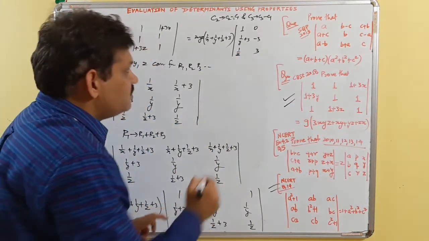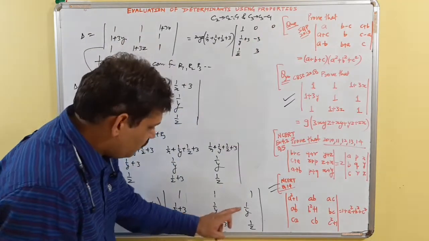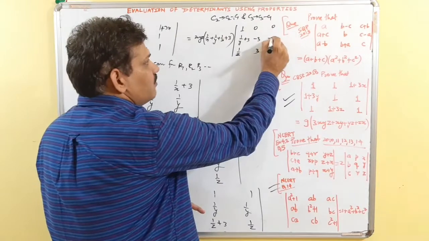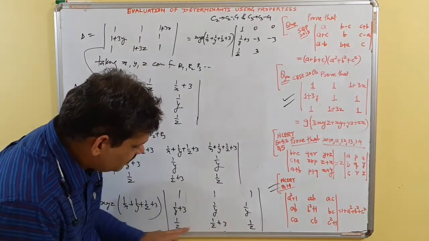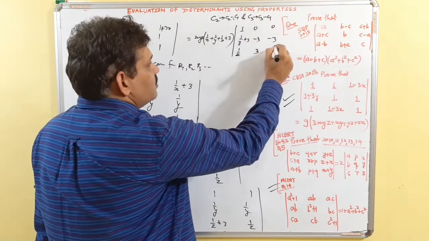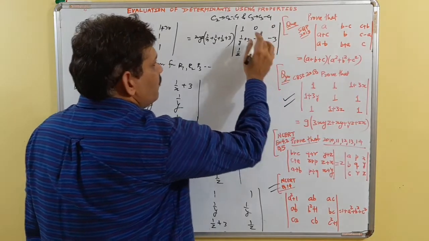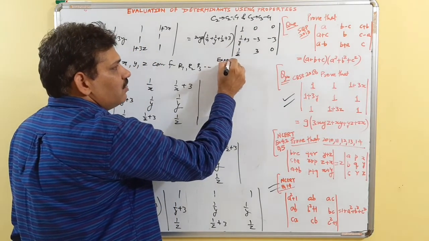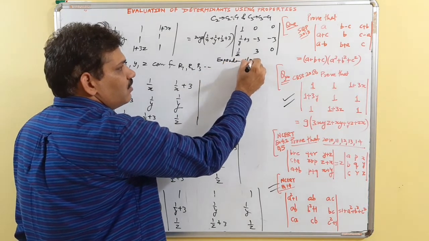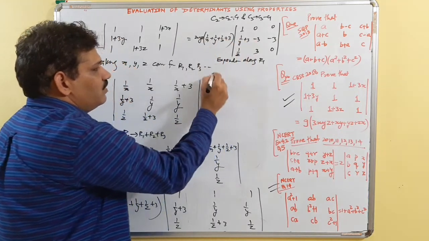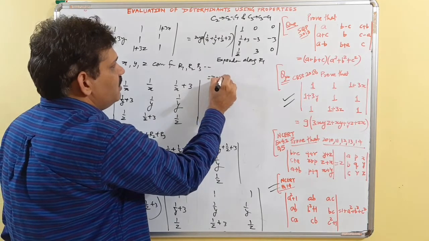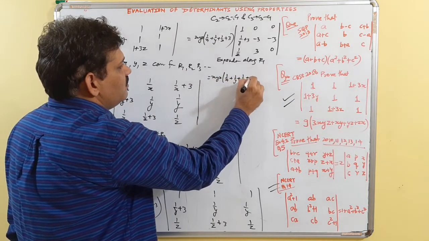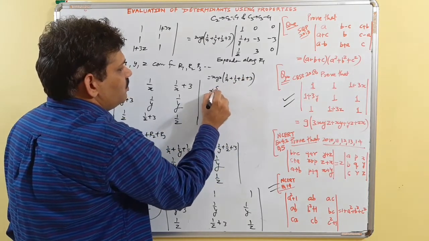Again 1 minus 1 is 0. Now 1 by y minus this, so 1 by y will be cancelled out. Minus 3 we get. Again 1 by z minus 1 by z is 0. So now we have got 2 zeros in R1. So expanding along R1, this is xyz into 1 by x plus 1 by y plus 1 by z plus 3 into this determinant.